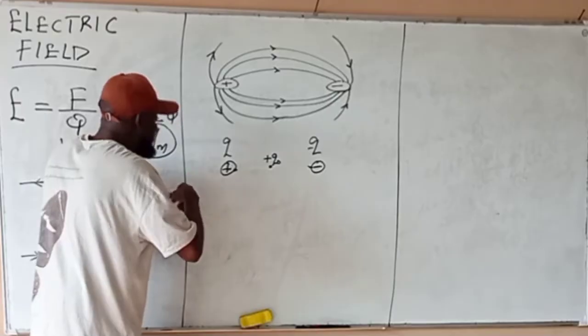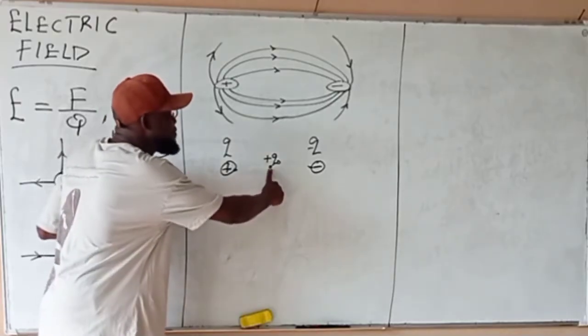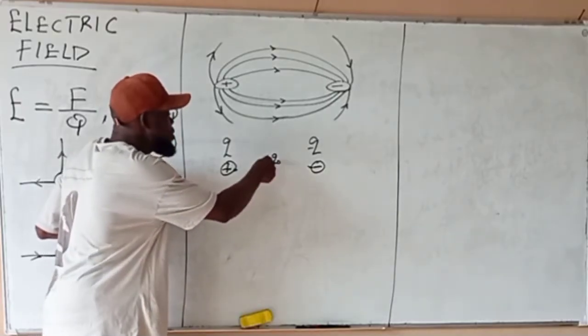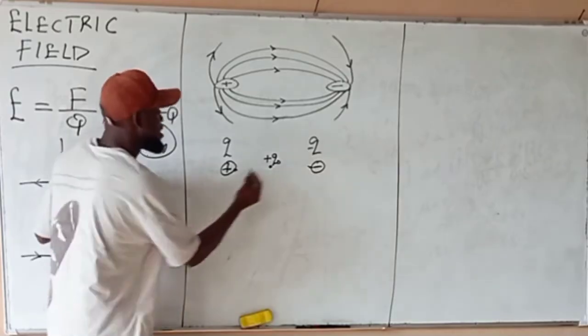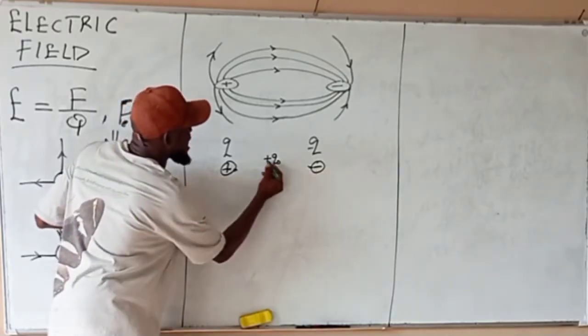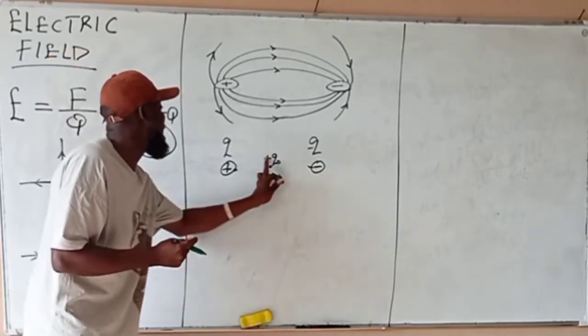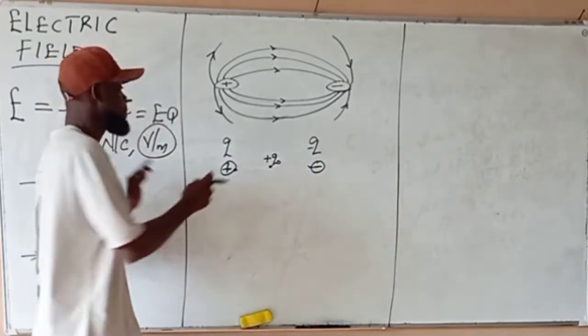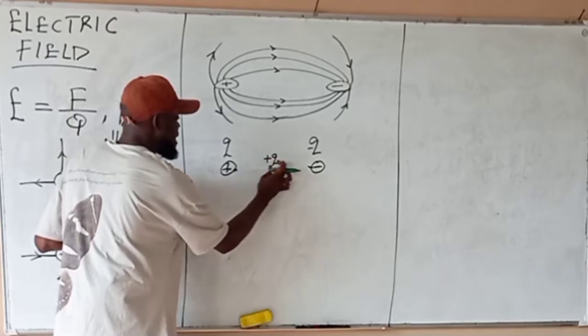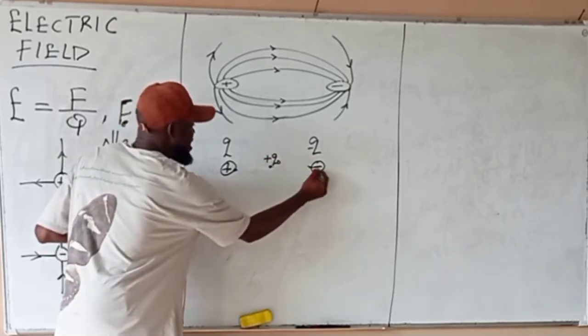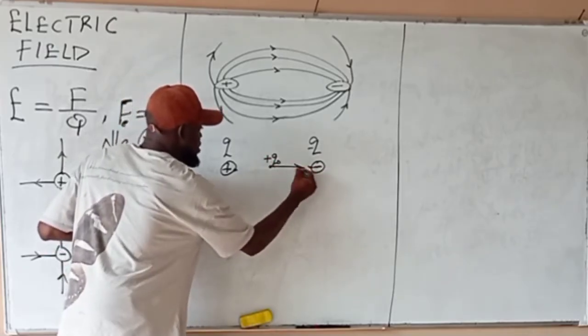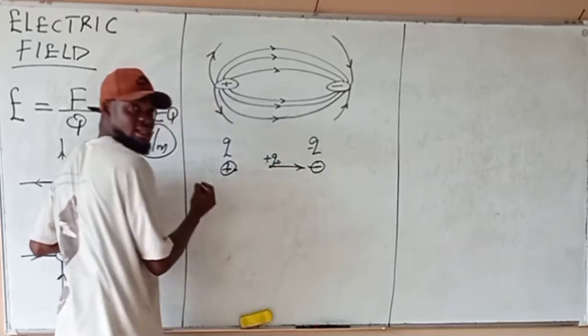So based on that fact, at the point where we have this test positive charge, this negative charge will attract this positive charge, because unlike charges attract. So this test charge will be attracted to this place. So the field due to this one will be coming this way.